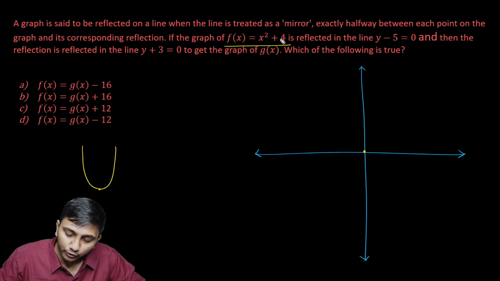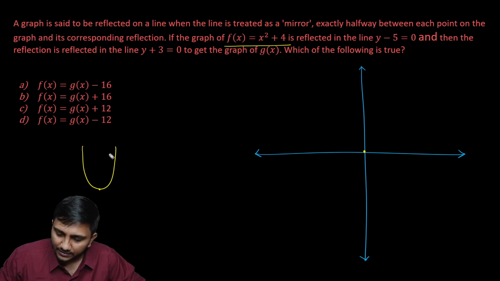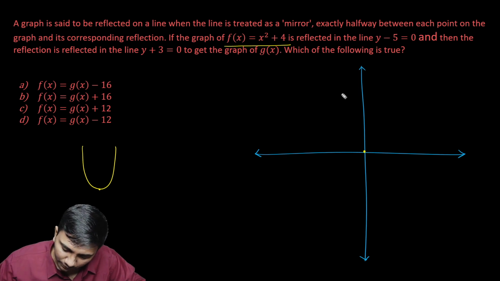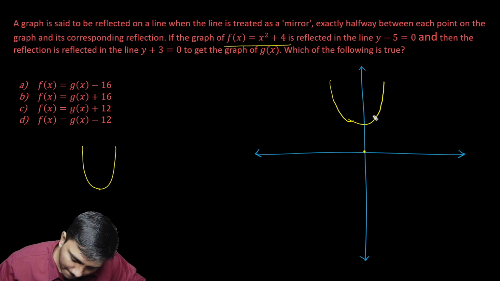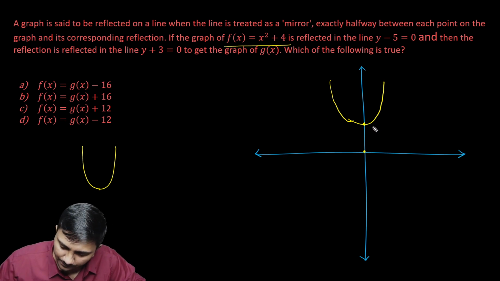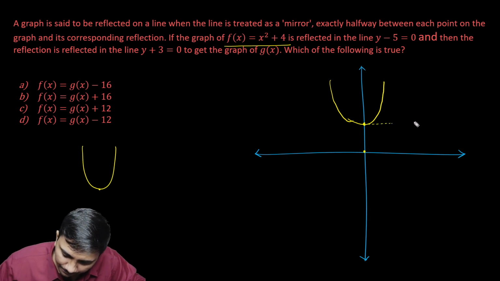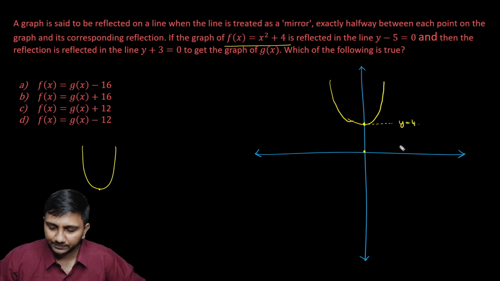If I'm going to take x squared plus 4, this is going to go exactly 4 units upwards, right? So f of x is equal to x squared plus 4 would be a graph like this, where the bottommost point will be here, and that will be the y is equal to 4 line.